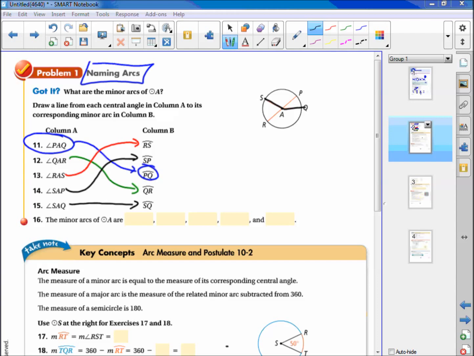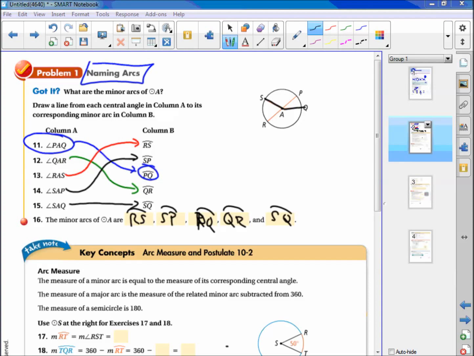So the minor arcs of circle A are, well, let's just list them. RS, SP, PQ, QR, and SQ. Okay, so there's a minor arc that's associated with every central angle there.